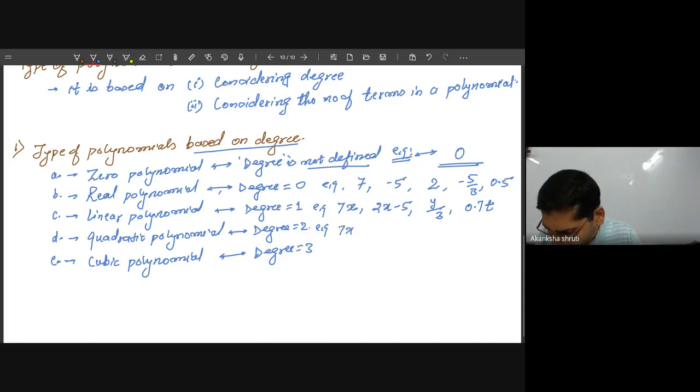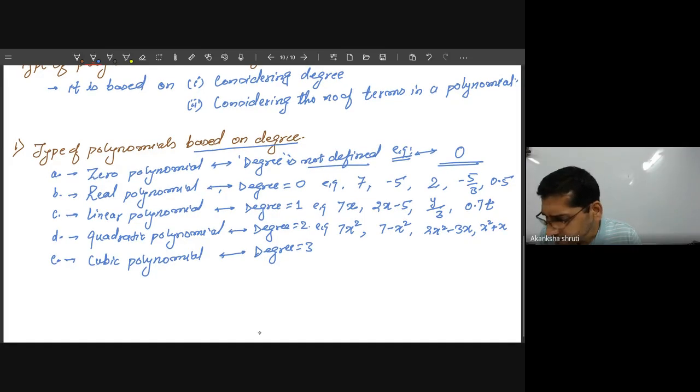Now the quadratic. If you write 7x square, even this itself is a quadratic. If you write 7 minus x square, it is also. If you write 2x square minus 3x, it is also. If you write x square plus x plus 1, it is also. For the cubic, if you write 7x cube, this itself forms a cubic polynomial.